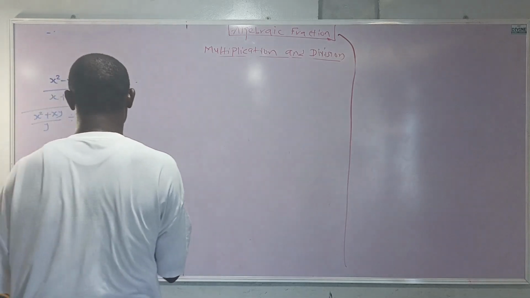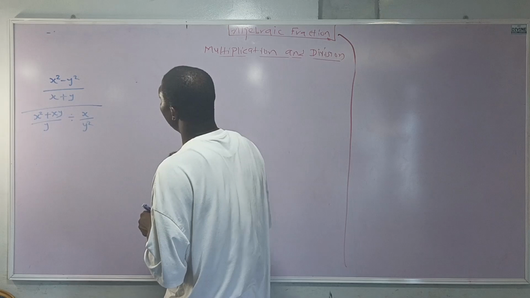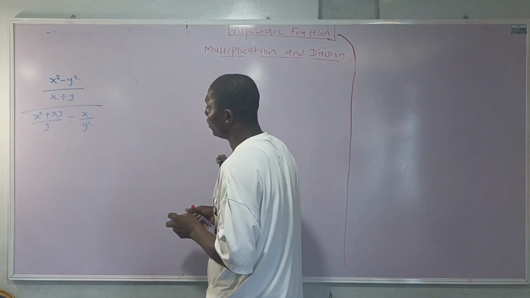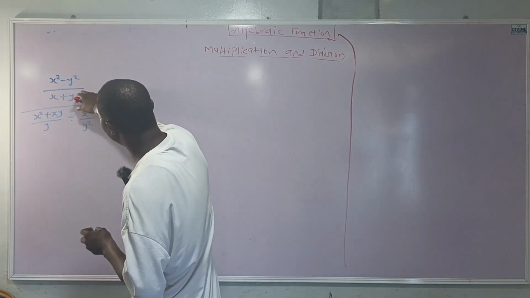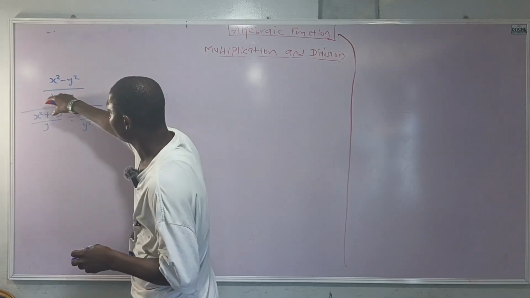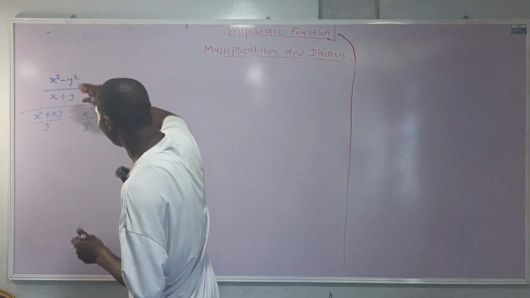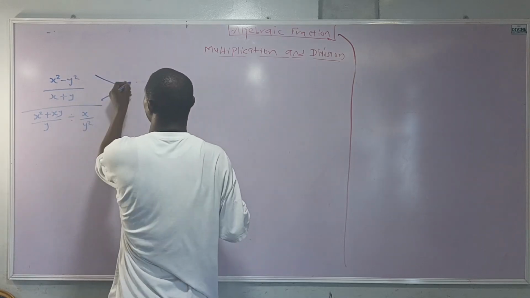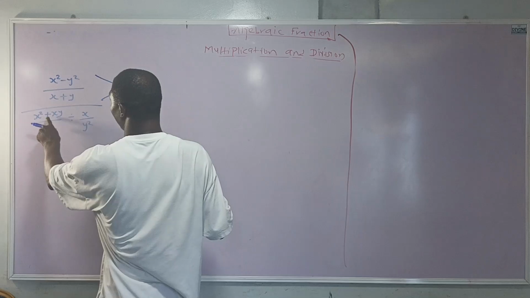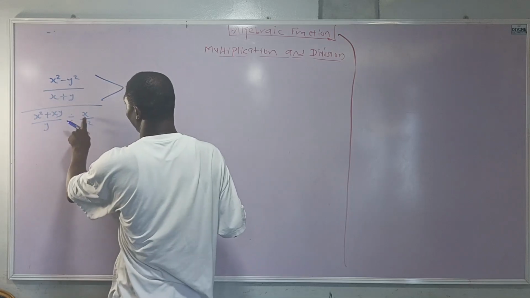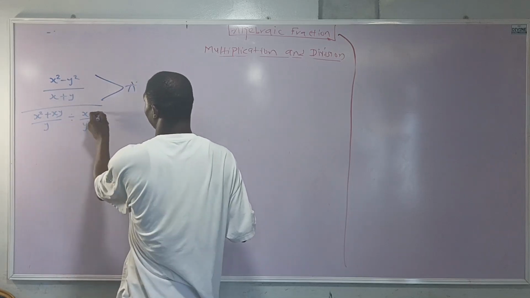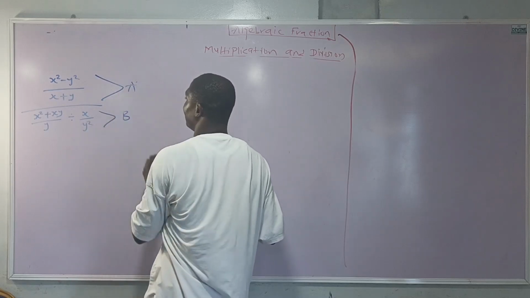We are asked to simplify it. Simplifying this, we must take note that this is the leading division sign. So we have x squared minus y squared all over x plus y as the numerator. We can take this as a. And x squared plus xy all over y divided by x all over y squared as our denominator b.